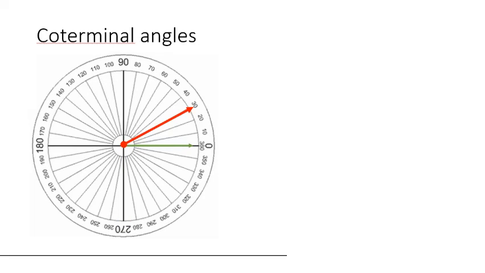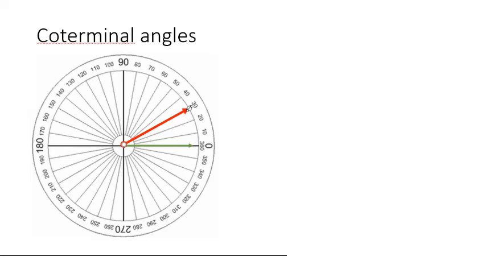One observation that we want to make is that 360 degrees brings us right back to where we started. So as an example, if I went from 0, 360 degrees around, that would put me right back where I started. So if I'm already at 30 and I go 360 degrees around, then that's going to put me right back where I started.